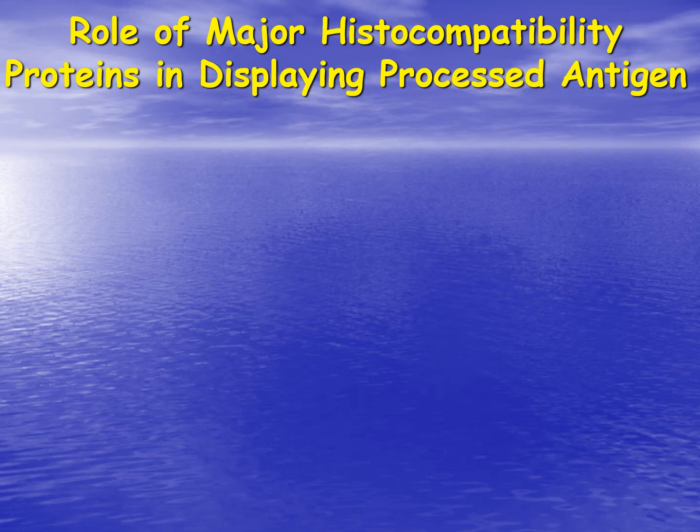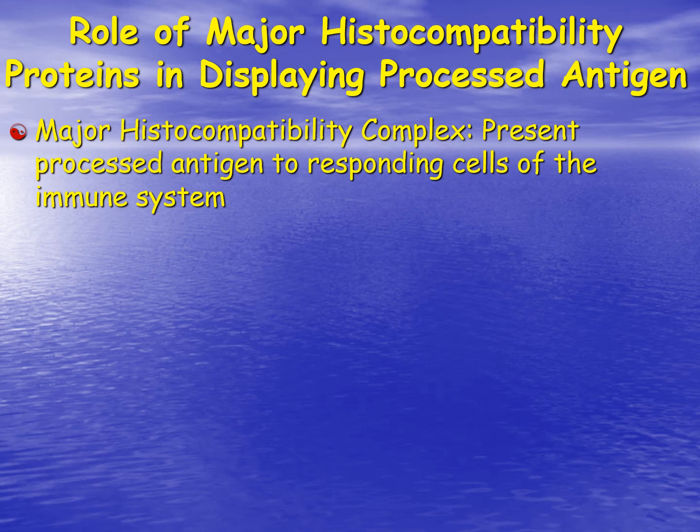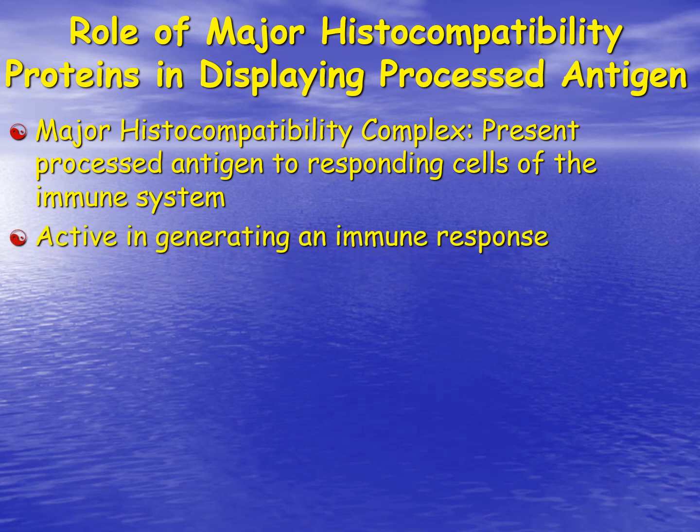So we have to talk about something called the major histocompatibility antigen complex, because these are involved in the displaying of a processed antigen on our antigen presenting cells. The major histocompatibility complex presents processed antigens to responding cells, primarily the T helper and cytotoxic T cells of the immune response. They're active in generating an immune response.